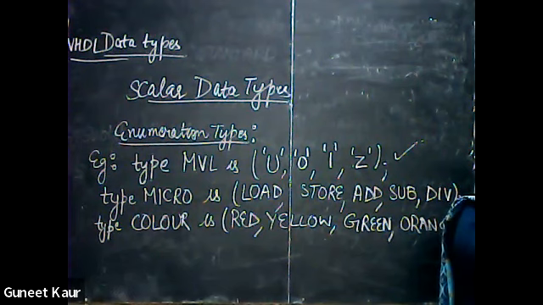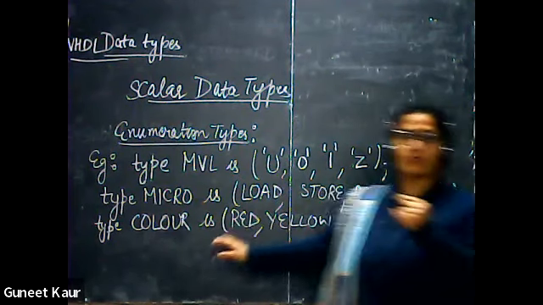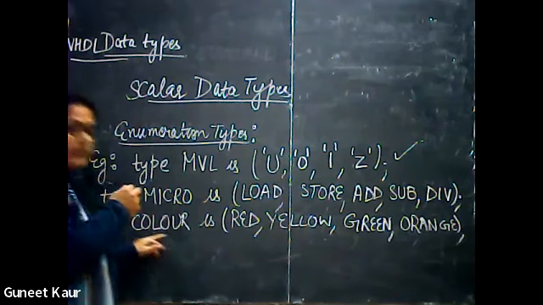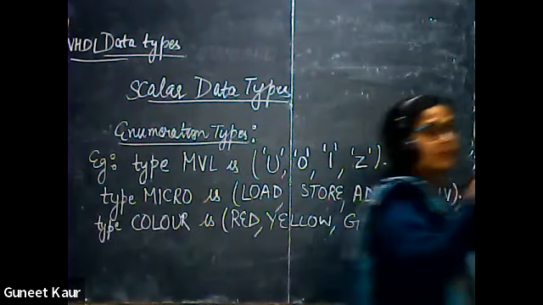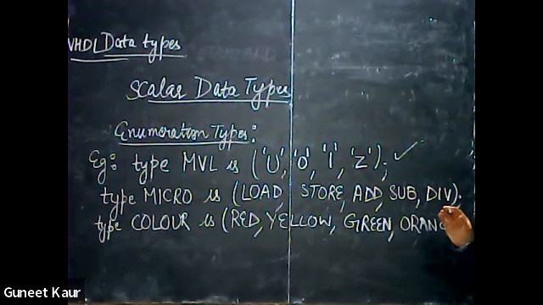In the third example, the enumeration type is color, and the enumeration literals used are red, yellow, green, orange.